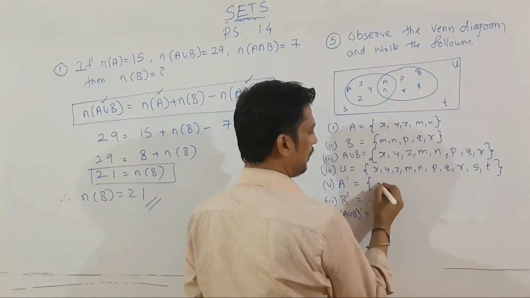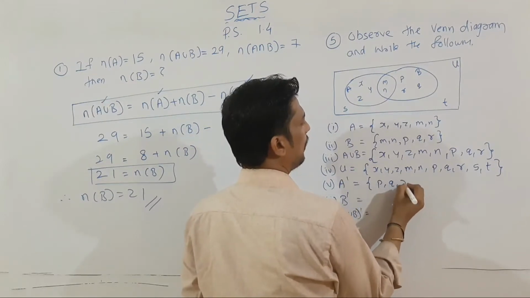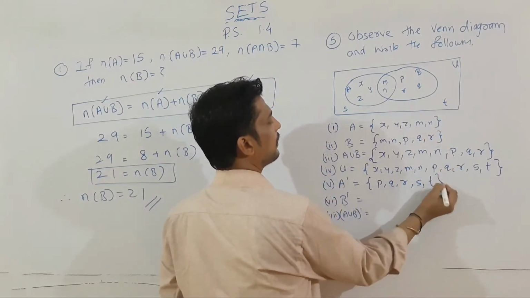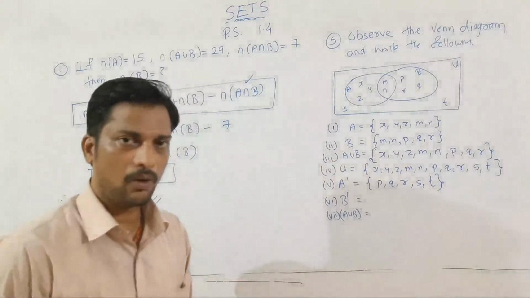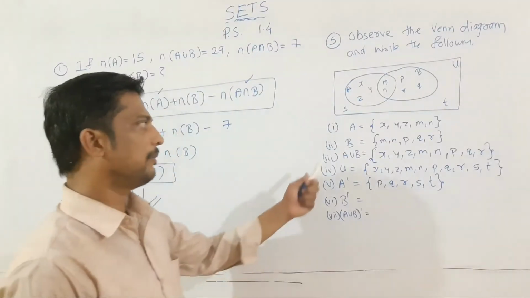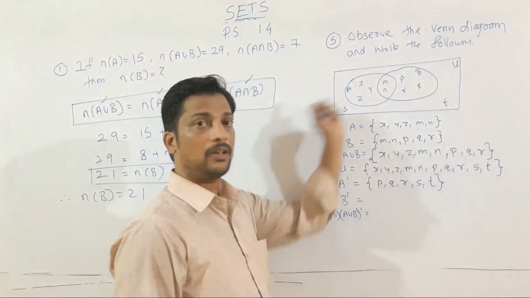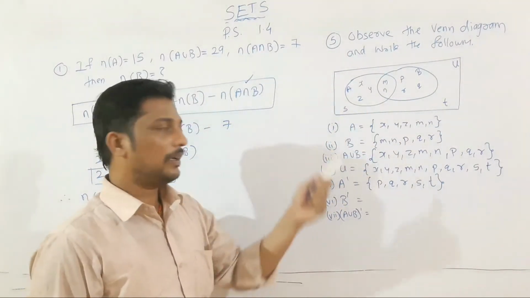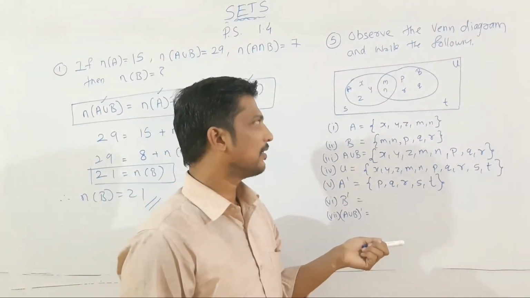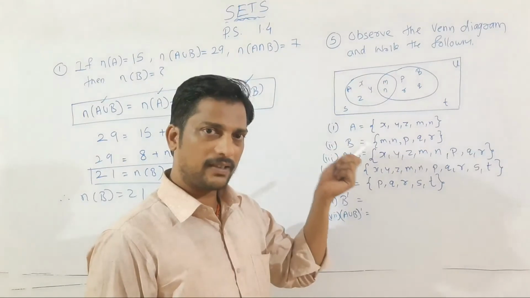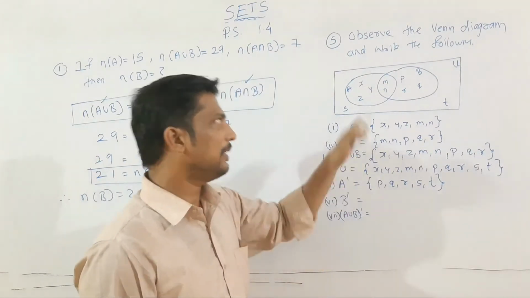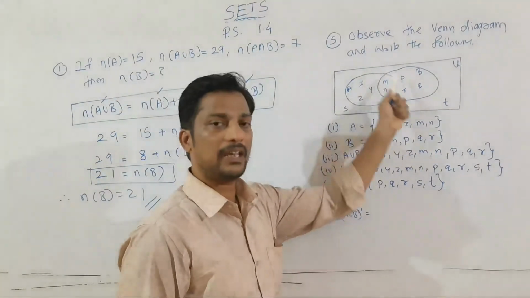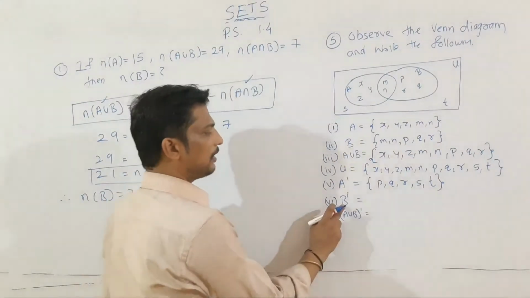Apart from this, I will write p, q, r, s, t. So this is my A complement. A complement means that when I consider the universal set, I will write all the elements from it, but eliminating the elements of A.